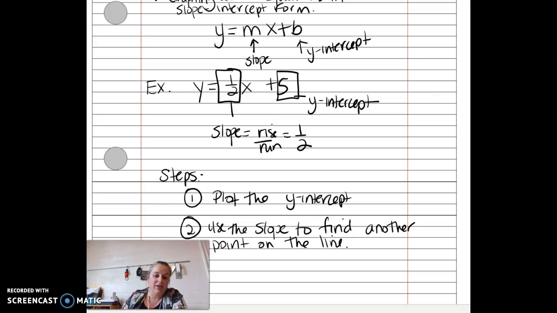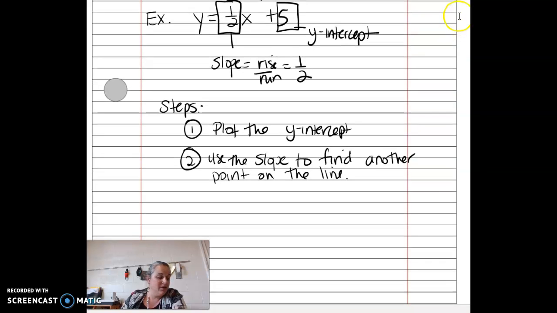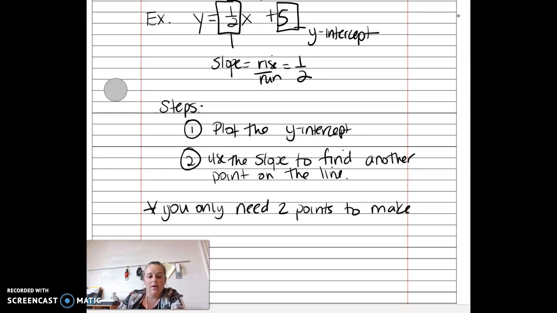And in fact, really, you only need 2 to make a line. But we can plot many more. Okay, so how do you do that?